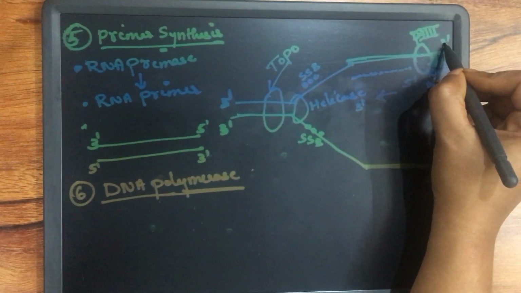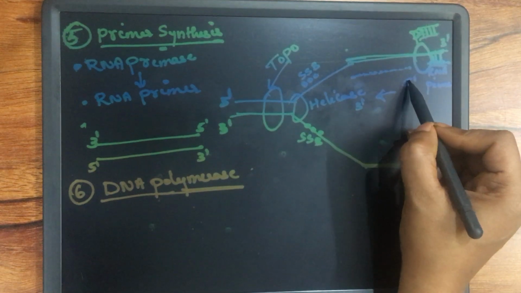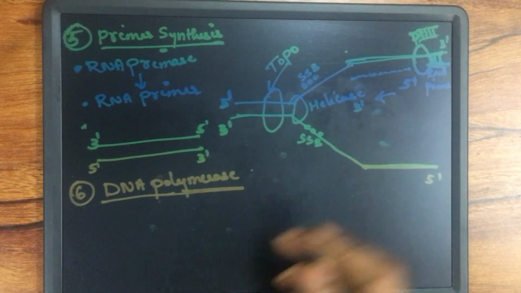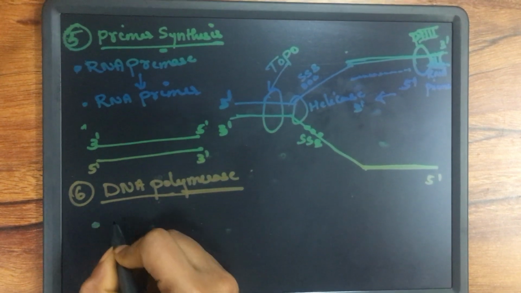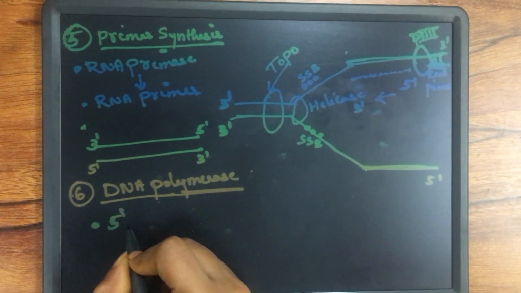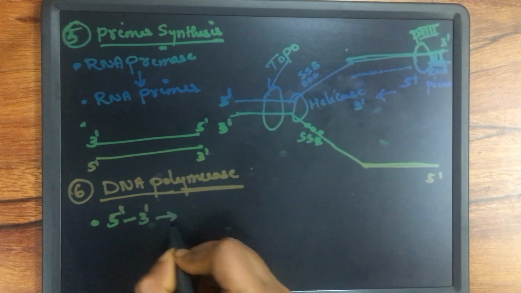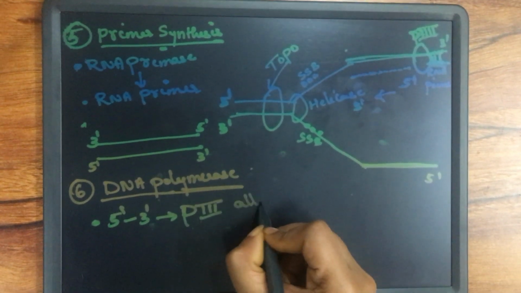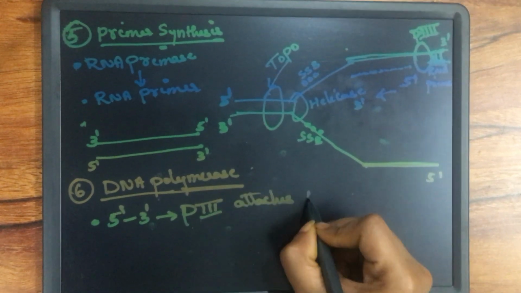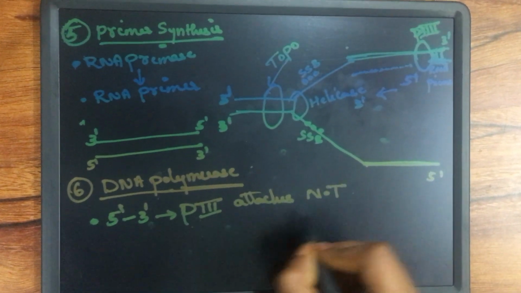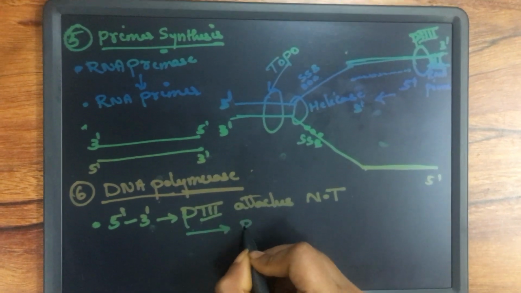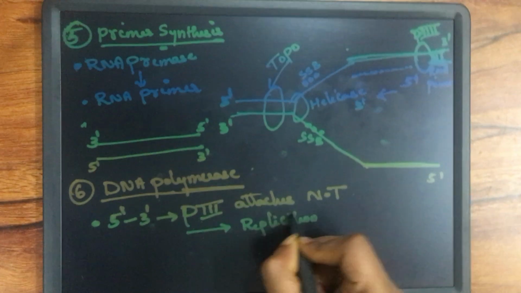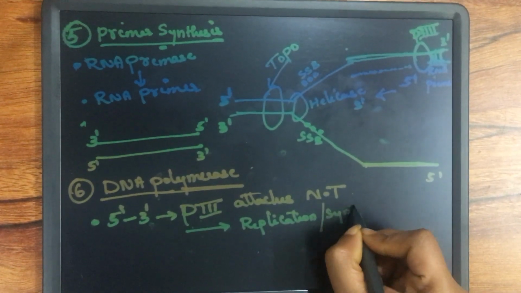The template is in the 3 prime to 5 prime direction. So in the 5 prime to 3 prime direction, DNA polymerase 3 attaches nucleotides and its replication or the synthesis is done.